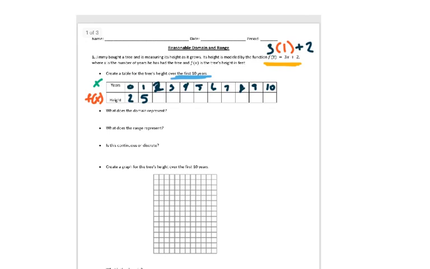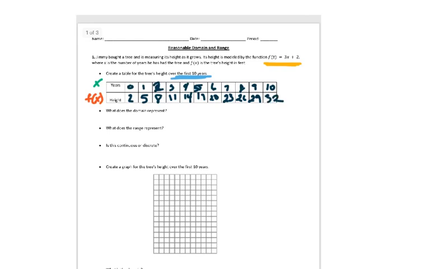3 times 2 is 6, plus 2 is 8. 3 times 3 is 9, plus 2 is 11. 3 times 4 is 12, plus 2 is 14. 3 times 5 is 15, plus 2 is 17. 3 times 6 is 18, plus 2 is 20. 3 times 7 is 21, plus 2 is 23. 3 times 8 is 24, plus 2 is 26. 3 times 9 is 27, plus 2 is 29. 3 times 10 is 30, plus 2 is 32.